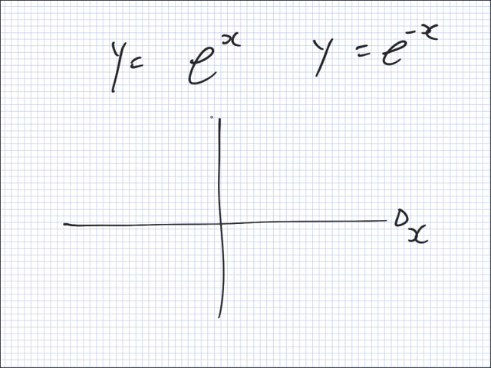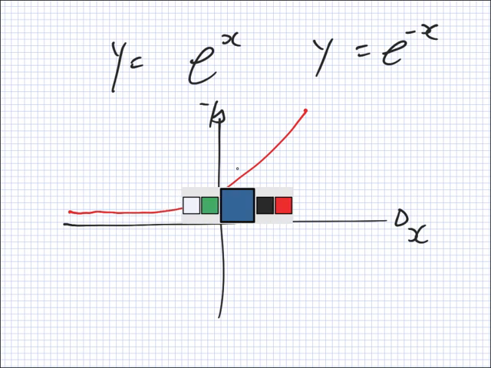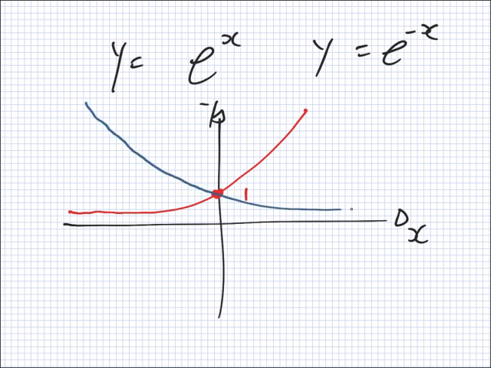There's x, there's y. In this graph, the a and the b are both positive, so it goes like this. And what's this value? 1. This one, the a is positive and the b is negative, so it's the other way around. What's the value across the y-axis? Well, when x is 0, e to the 0 is also 1.